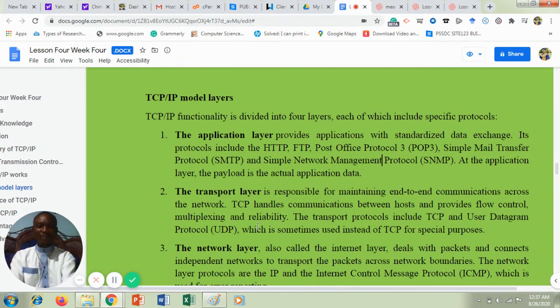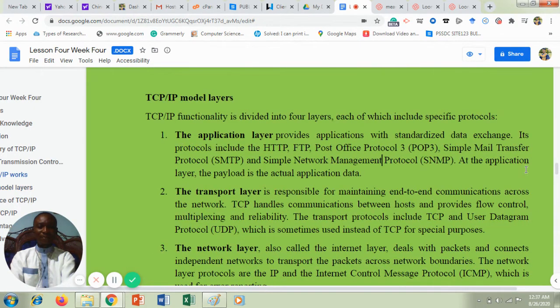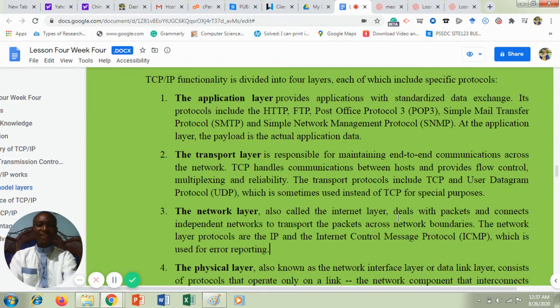Then let's talk about the network layer. The network layer is also called the internet layer. It deals with packets. Packets are created here.